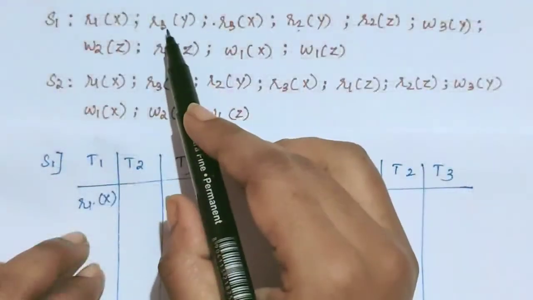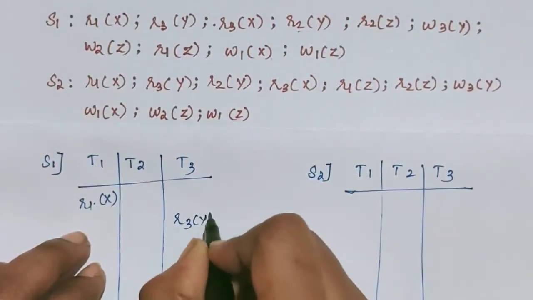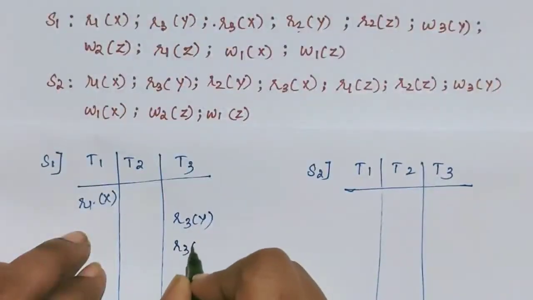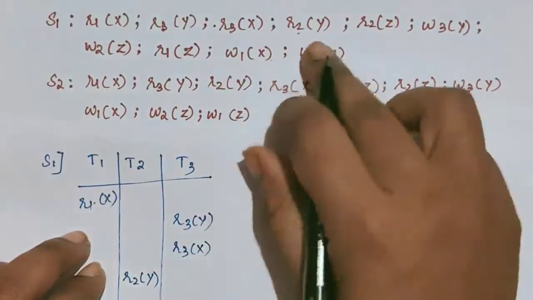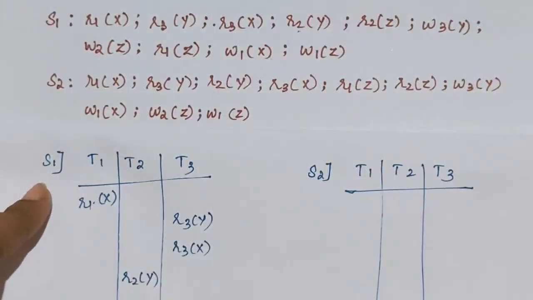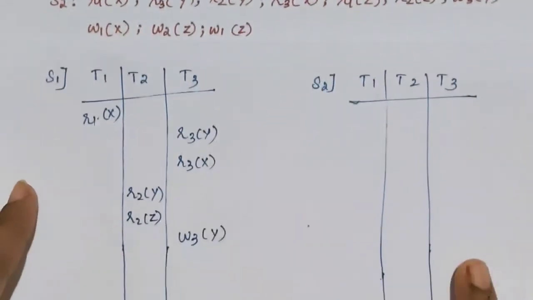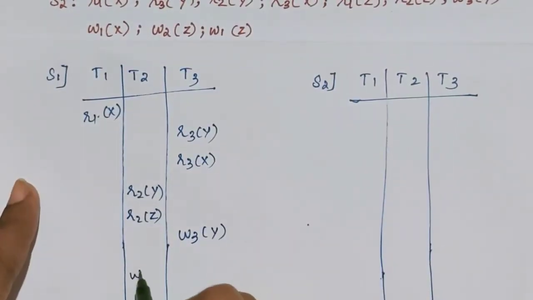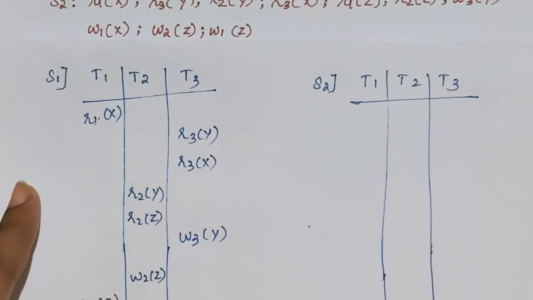Then R3 of Y, read Y and it is transaction 3. Then R2 of X, read the variable X, but the transaction is 2, so you have to write under T2. Then R2 of Z and W3 of Y, like that you have to fill W2 of Z, R1 of Z, W1 of X, W1 of Z.